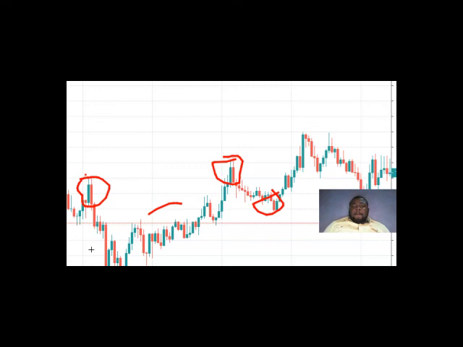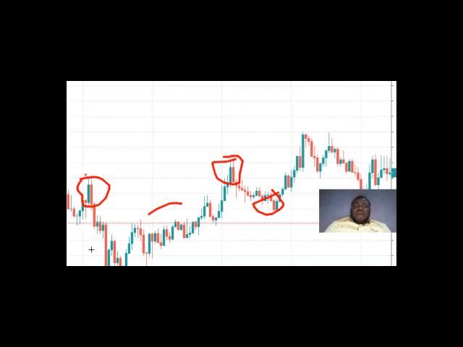So mainly in Forex, all you're looking for is to improve your odds for success. You want to see different things confirm before you go into those trades. So it's not enough that you've seen a reversal candle.